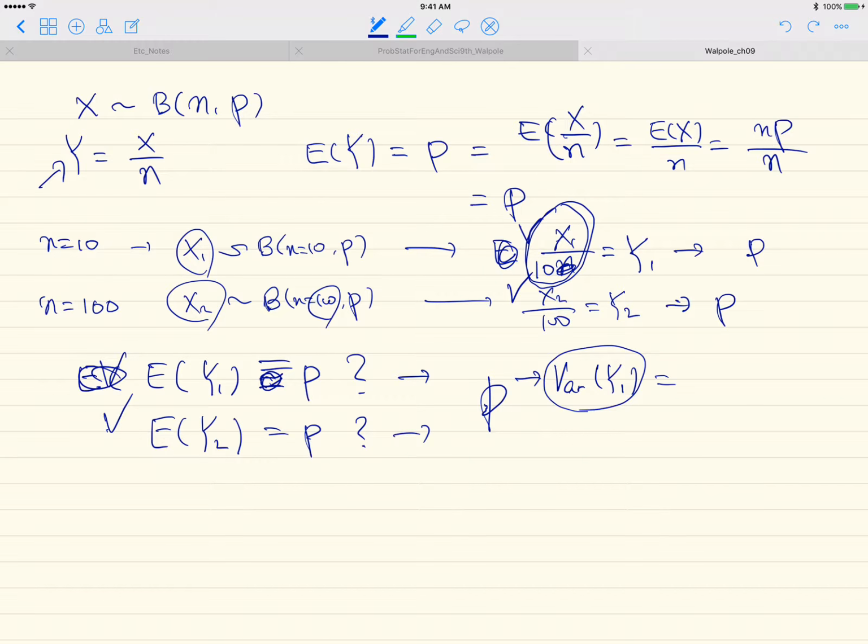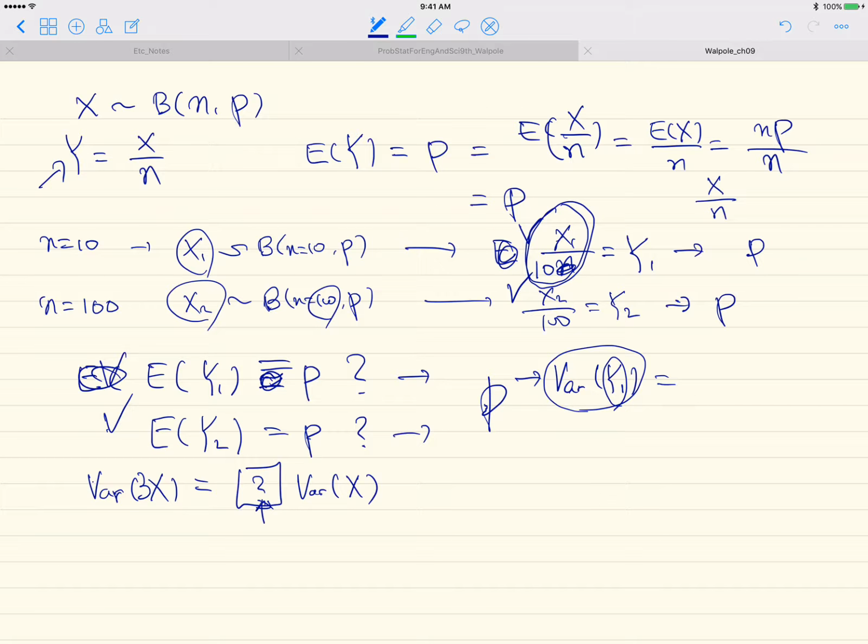So let me just derive this variance of y1. y1 is x1 divided by 10, or in general x divided by n. Let me ask this simpler question: what would be the number in this square?